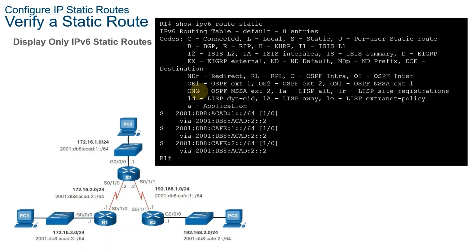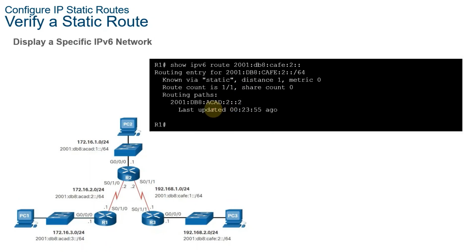Next, display only IPv6 static routes. That would be show ipv6 route static. This output shows only the IPv6 static routes in the routing table. Also note where the filter begins the output, excluding all the codes.